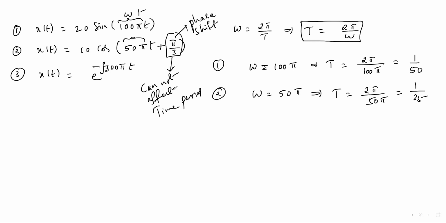So phase shift does not disturb the time period of the signal. We can neglect it while calculating the time period. Phase has its own importance in different topics, but here in time period calculation, we can neglect it.